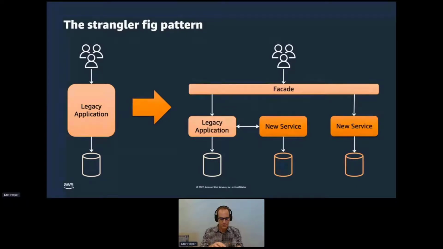And once you do that, at some point, your legacy application will shrink to a point in which you can decide whether or not you want to keep the existing functionality or just phase it out and replace it completely.